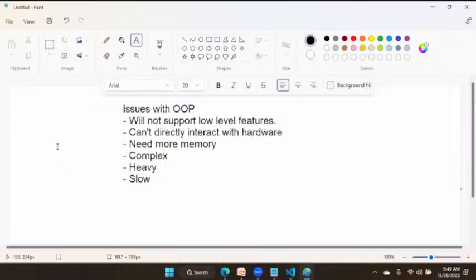That means a Java program you cannot put in a refrigerator, washing machine, microwave oven, or air conditioner, because they need more memory to operate and they are very slow. So there are so many problems with object-oriented programming. It cannot directly interact with hardware.